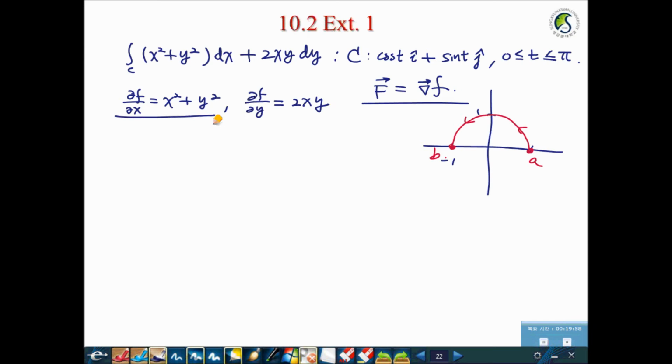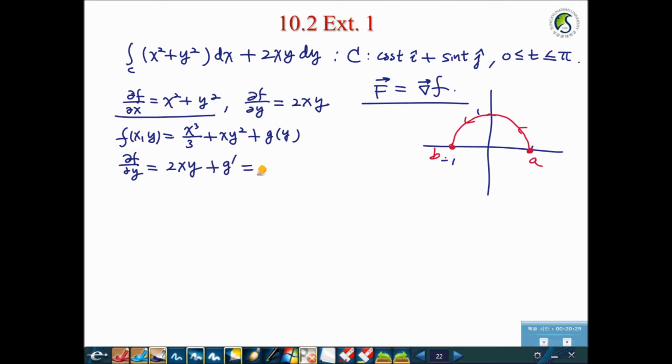We have to integrate the first one first. f of x comma y is x cubed over 3 plus x y squared, integrating with respect to x. And we have an unknown function g, a function of y. So we differentiate this with respect to y. You get 2xy, and that's g prime.